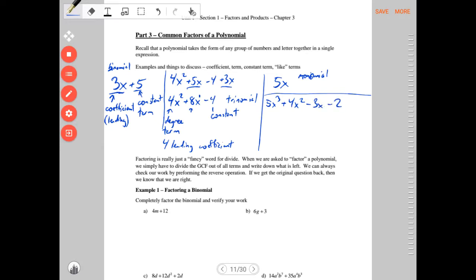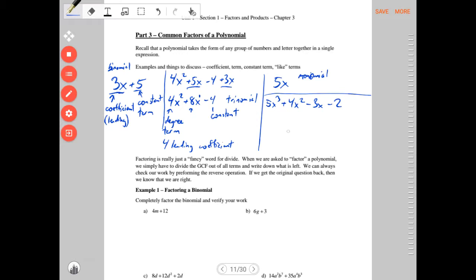The constant is minus 2. The leading coefficient is 5. The degree term is 5x cubed. The degree is 3. Remember, degree is the highest exponent.